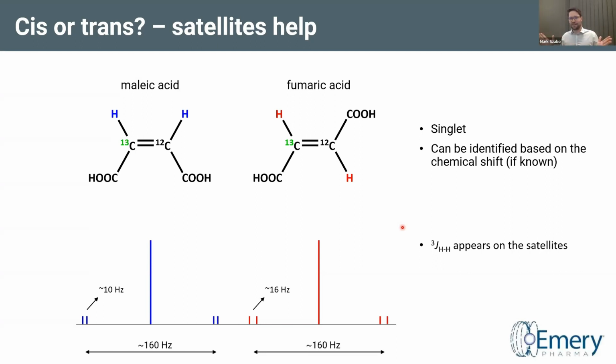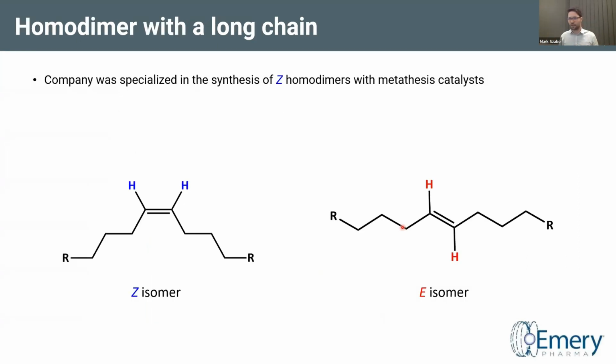This is actually a well-known fact in NMR, so I haven't said anything new so far, but here comes the more interesting part. So the company whom I was working for, Szabo, was specialized in the synthesis of metathesis catalysts, with the help of which the Z homodimer alkenes could be synthesized with metathesis reactions.